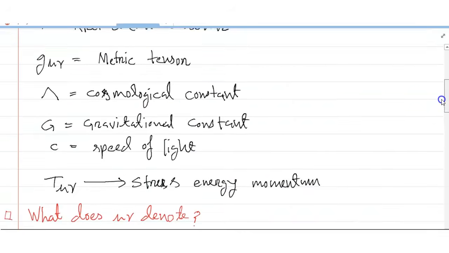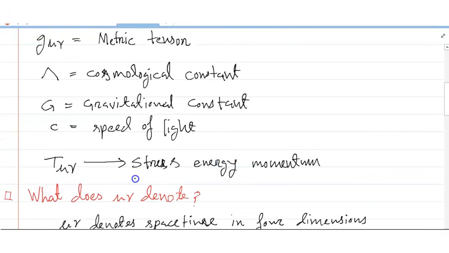You will see that stress energy T mu nu is called stress energy momentum.